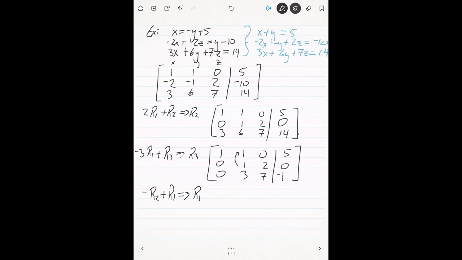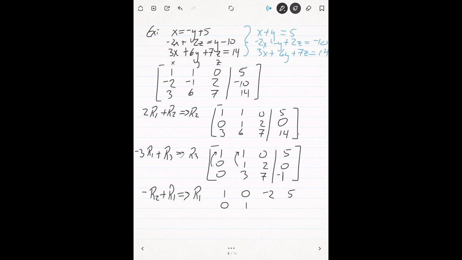So I'm basically saying, take 0, make it negative, well that's just 0, and add it to row 1, so that's 1. Take 1, make it negative, so negative 1 plus 1 is 0. Negative 2 plus 0 is negative 2. And then 0 plus 5 is 5. So nothing changed in that row.